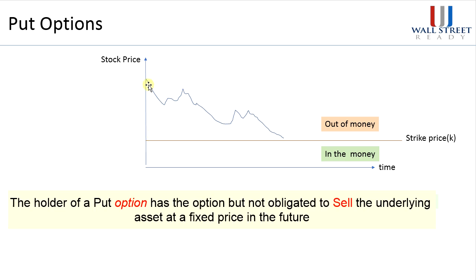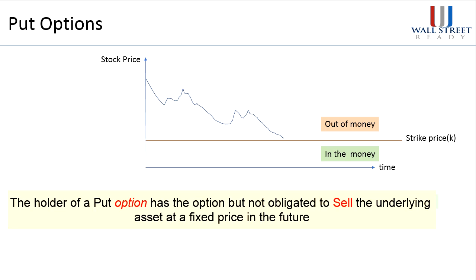So when someone is purchasing a put option in order to make money, one view is that the underlying is going to drop below the strike before the expiry of the option. That could be one of the expectations. There are various reasons an individual would enter into a put option, but this is one of them.